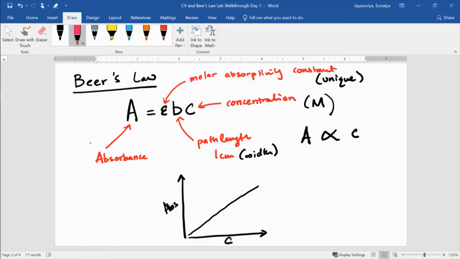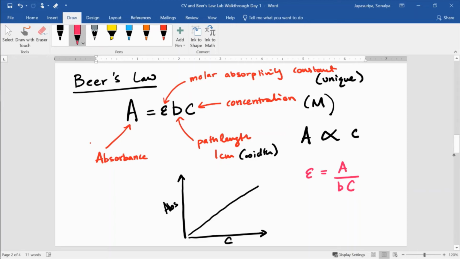So we'll discuss that in a second, okay? But you can calculate the molar absorptivity constant by dividing the absorbance by your path length times your concentration. Path length is always 1. So your concentration and absorbance are what determine what your molar absorptivity constant is.